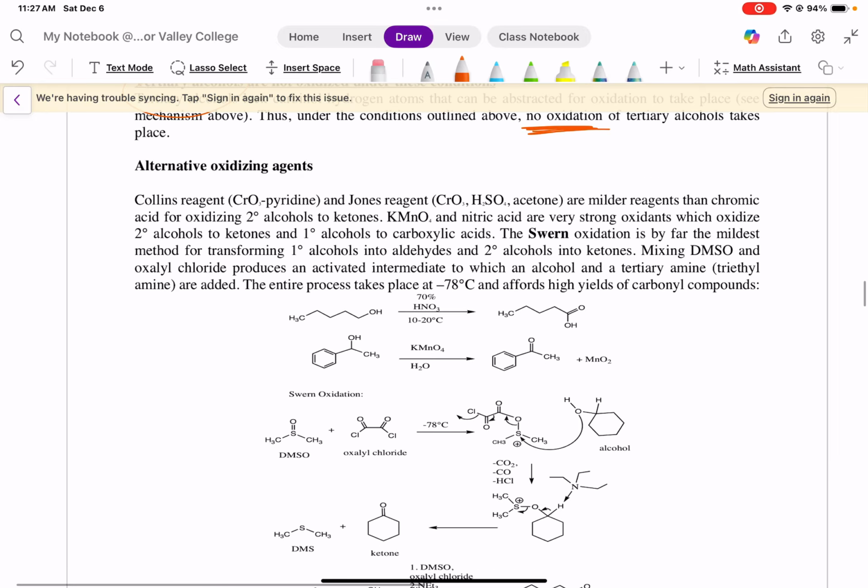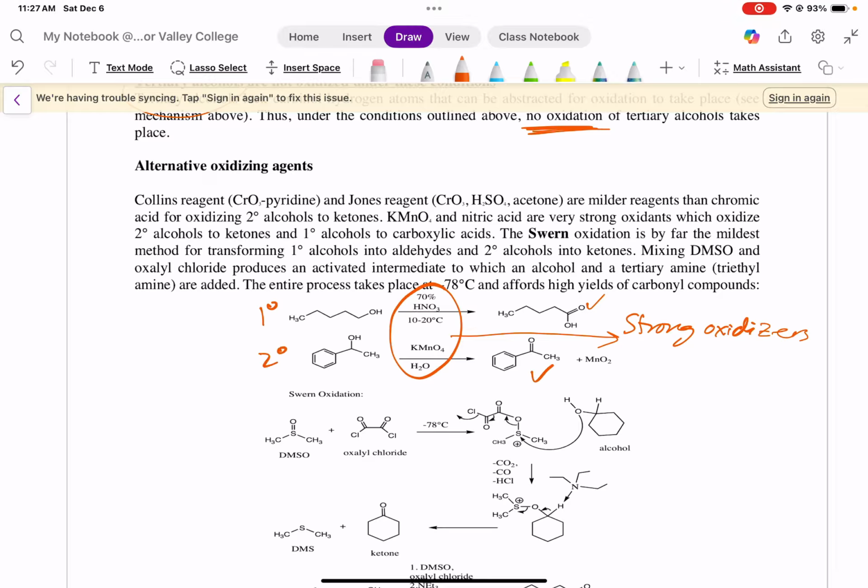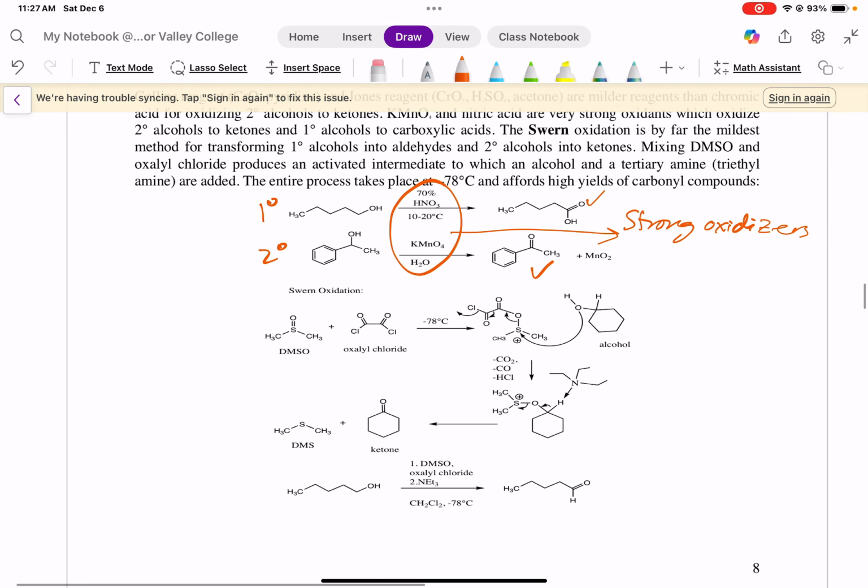Okay, we also have other oxidizing agents. These two are strong. Okay, strong oxidizer. So you notice this, you form carboxylic acid. For secondary alcohol, it doesn't matter. We always get a ketone, strong or mild.